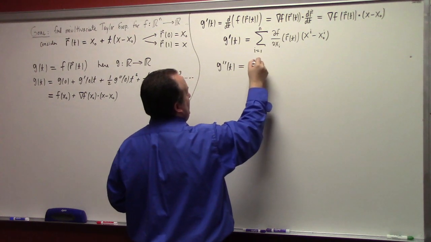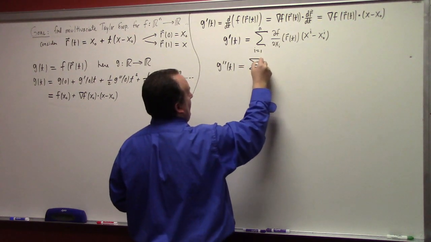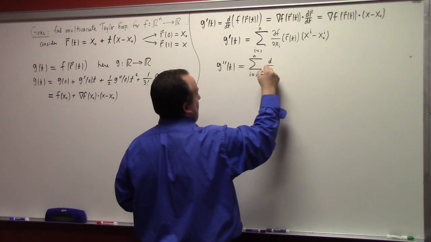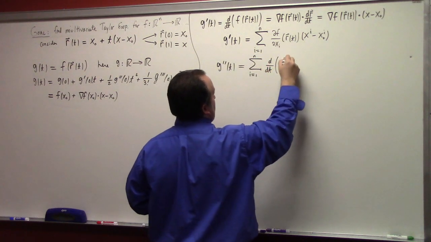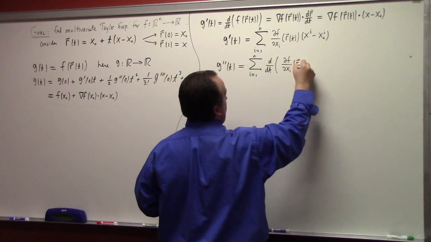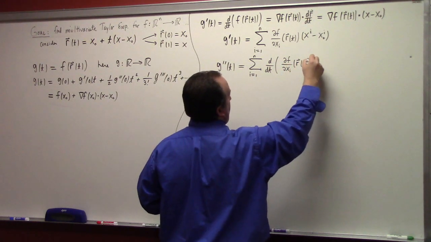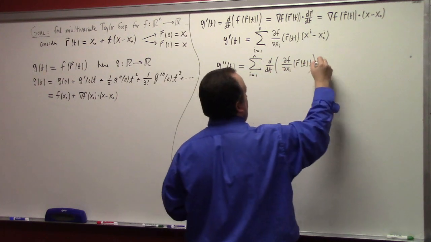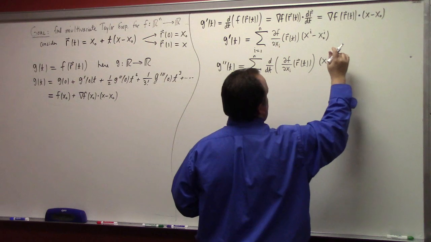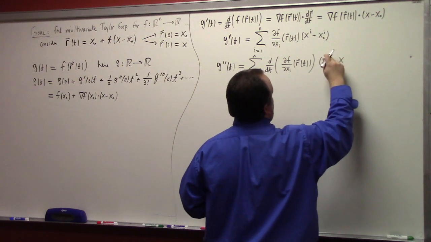Well, you see it's going to be the sum i equals 1 to n of d/dt of this, and then times x upper i minus... I guess I can do the sub i. You know what I'm going to do, if it's okay with you?